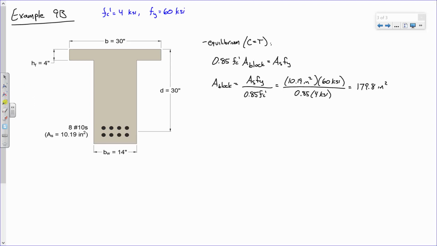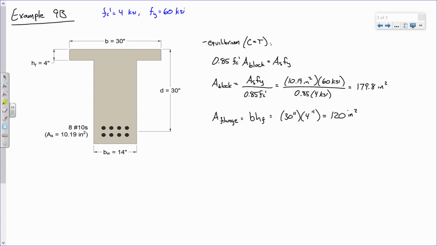Let me write this up here because I'm going to use this space over here in a second. Okay. All right. So I think you can probably see what's going to go on. If I compare this against the area of the flange, the area of the flange is b times hf, and so that is 30 inches times 4 inches, and so that's 120 square inches, right? So what's happening is this.